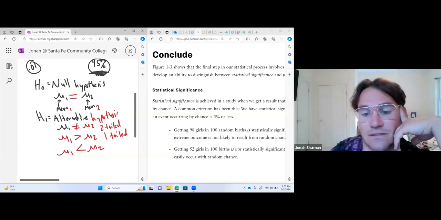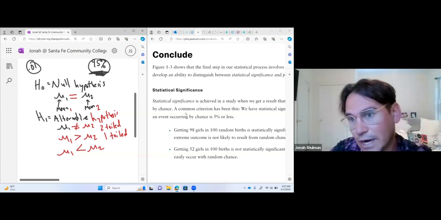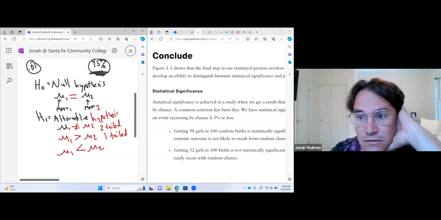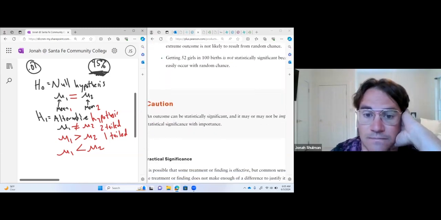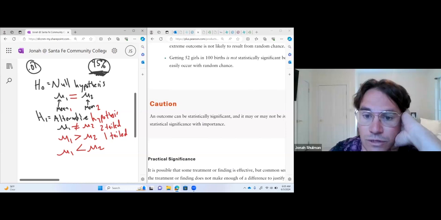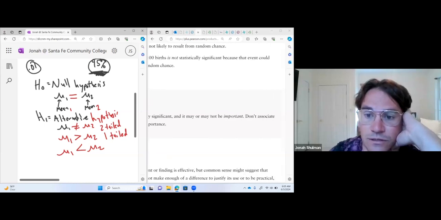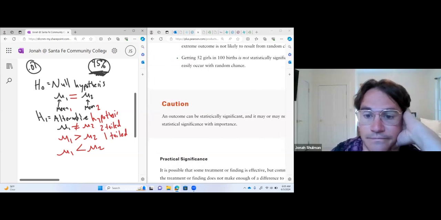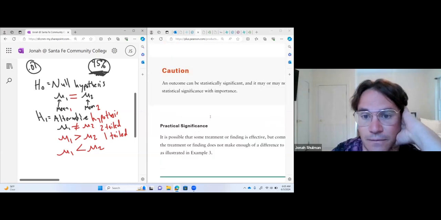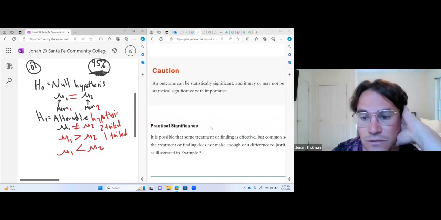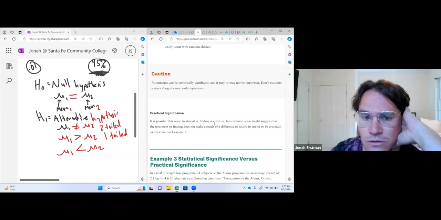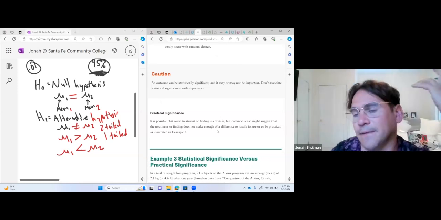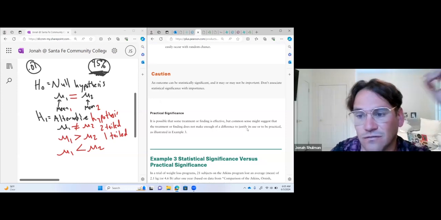But all this means statistical significance. Now, that might not be practical. We're just saying that the significance is a likelihood that it's not occurring by chance. So an outcome can be statistically significant yet not be important, so it might not have practical significance. A treatment could be good, but not good enough to justify its use.